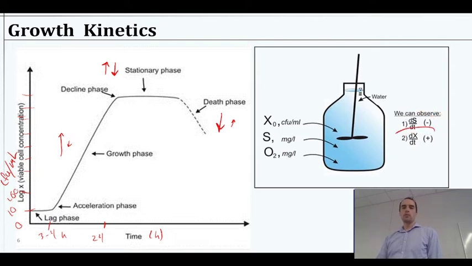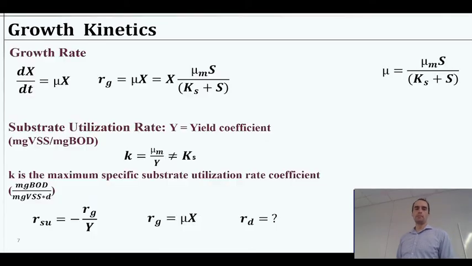Then we also have growth, dX/dt, and eventually death, so we could also add a negative here. So growth and death of the bacteria. Of course, at first we just care about the growth, and in an engineered system for wastewater treatment, we're typically going to be promoting that growth because it's correlated with the removal of the substrate.